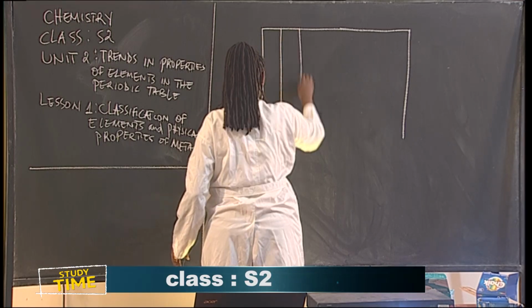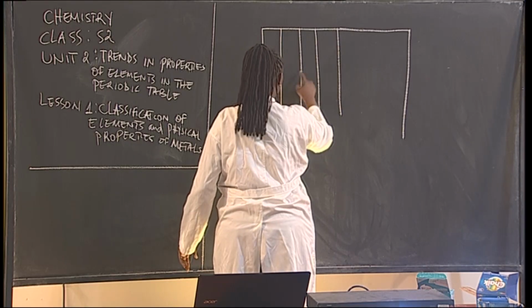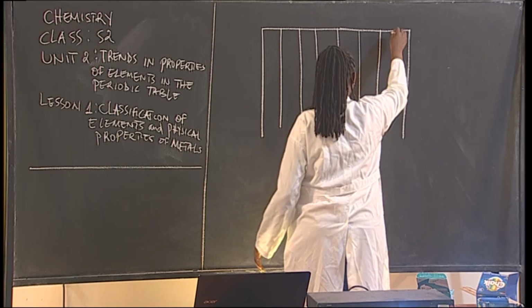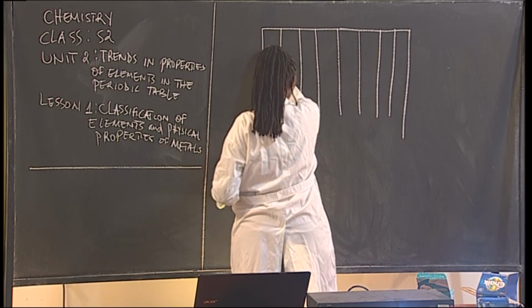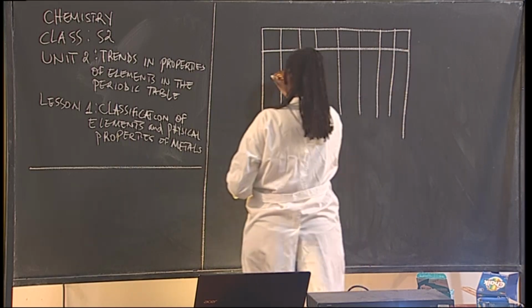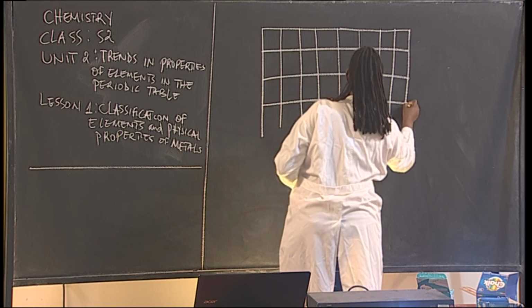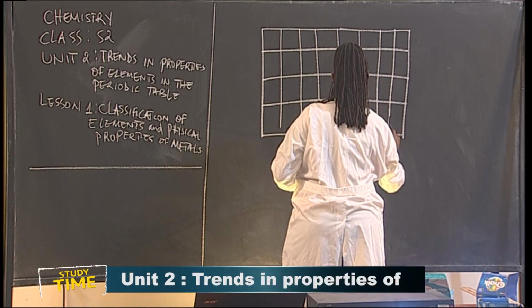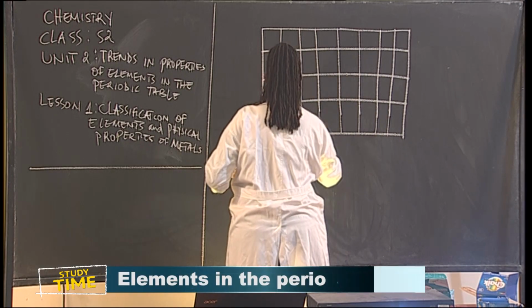We need to draw 8 groups, 1, 2, 3, 4, 5, 6, 7, and 8, and we need to put 4 periods: 1, 2, 3, and 4. Just a sketch of the first 20 elements of the periodic table.